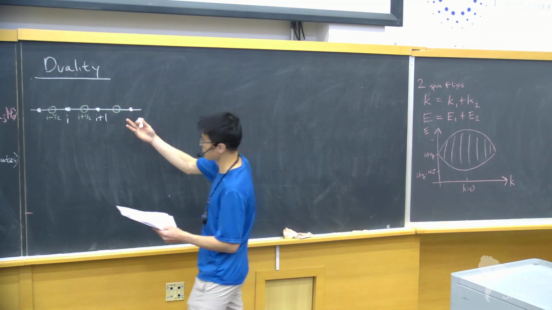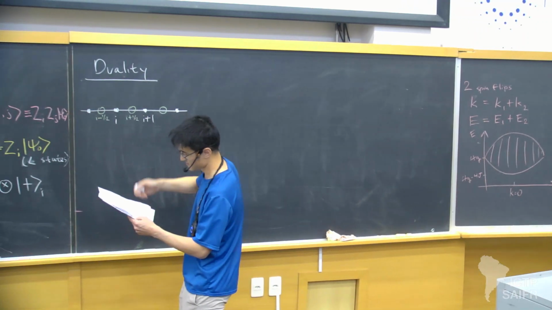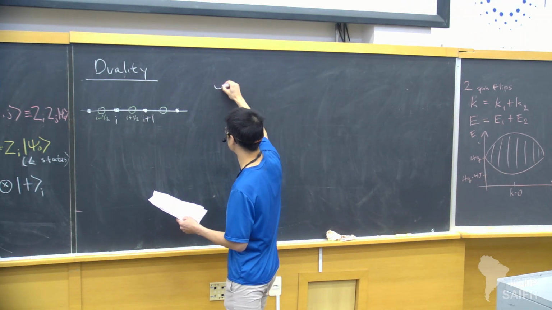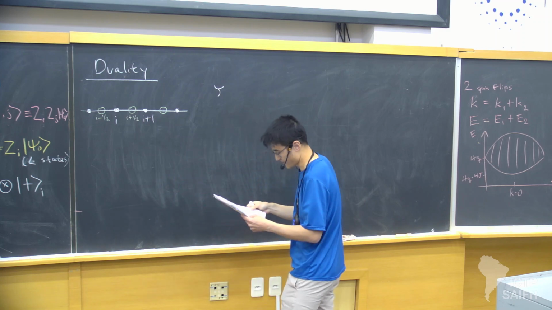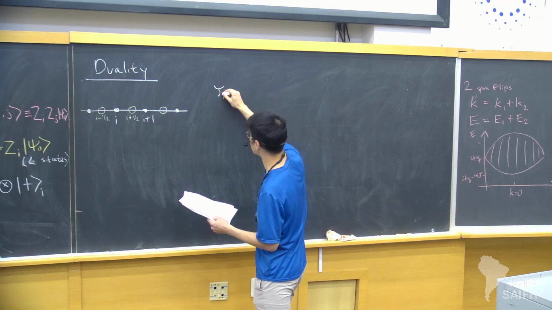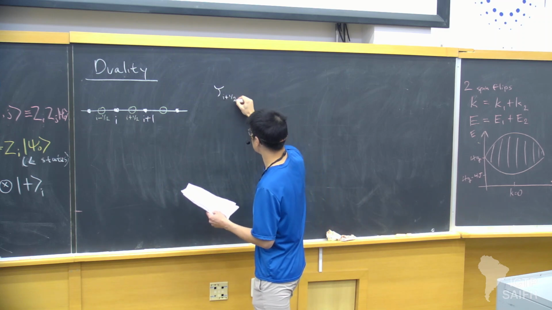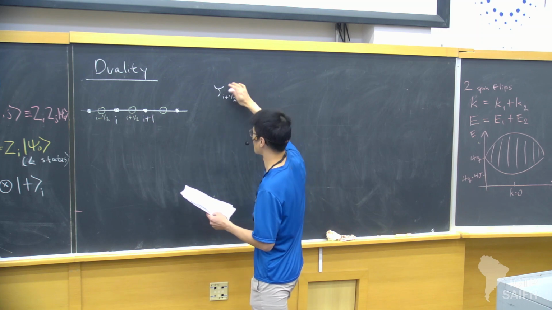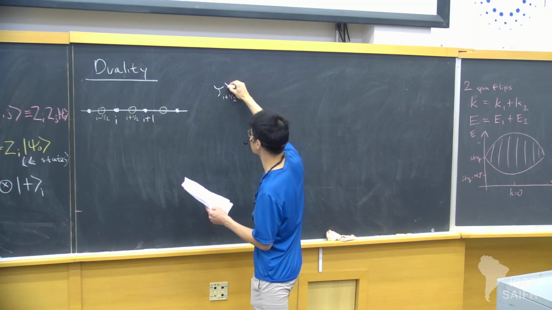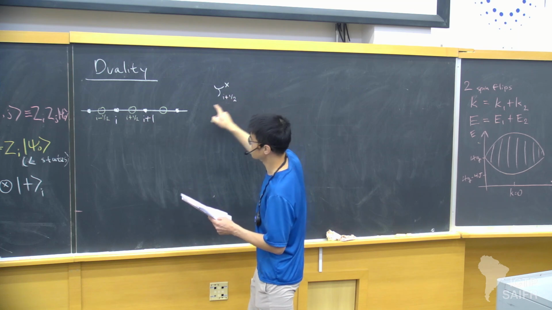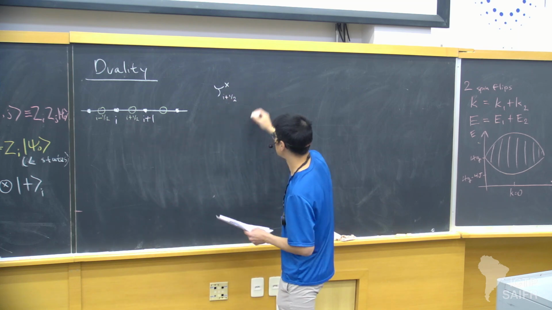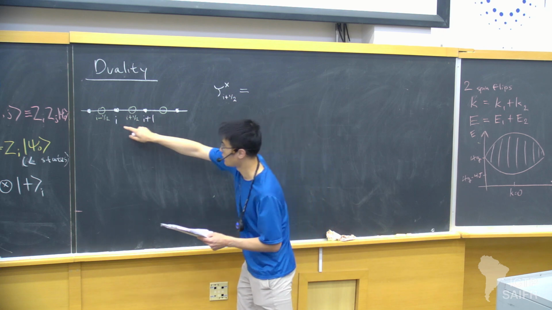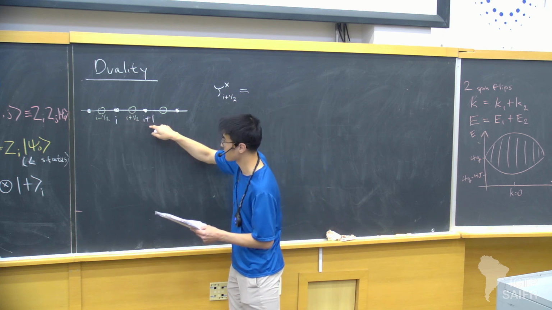We're going to label these new spins on the in-between sites by a tau variable. So we're going to identify tau x at the i plus 1/2 location to just be whether or not there's a domain wall between the physical spins.